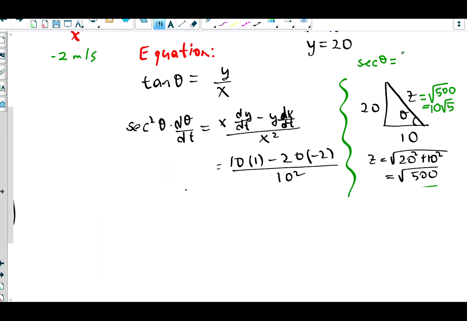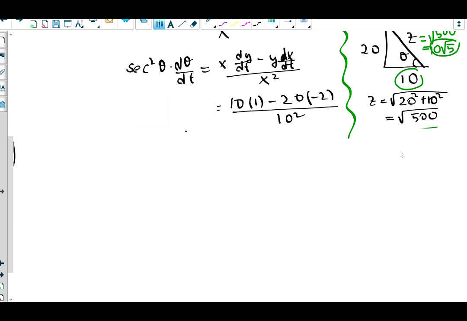Also known as hypotenuse over adjacent. So the hypotenuse side is this, and the adjacent side is that. If I take the ratio, secant theta equals 10 times the square root of 5, the hypotenuse, divided by the adjacent side, and we're going to get the square root of 5.